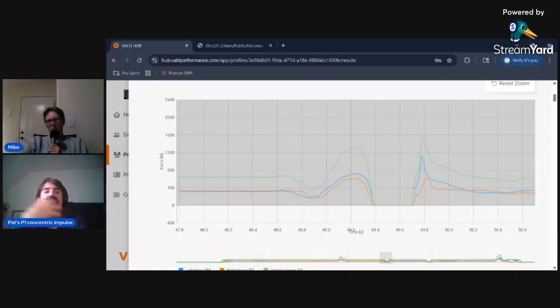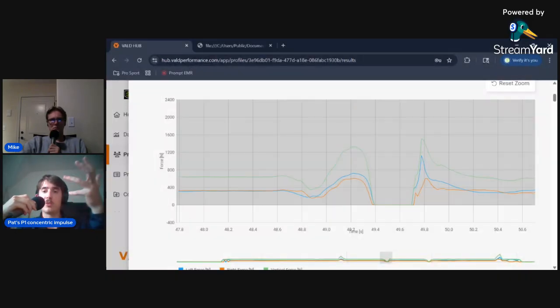For people who don't know what a counter movement jump is, it's when you stand on the force plates and you put your hands on your hips and you tell the patient or client, I want you to go down as fast as you can and then jump as high as you can.